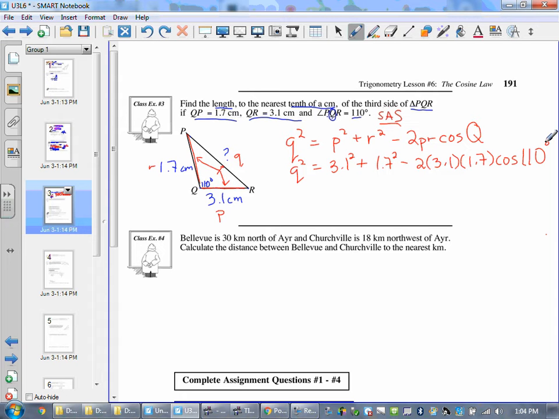So I'll get you children to enter this in your calculators this time. Are you baby stepping it, or are you going to square root the result?